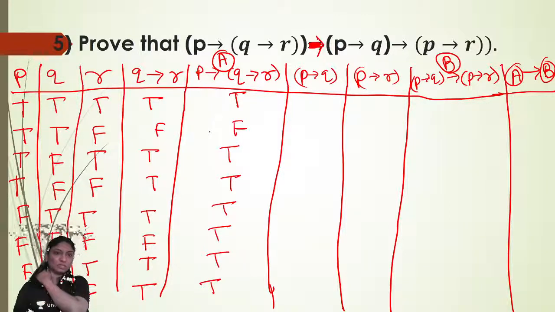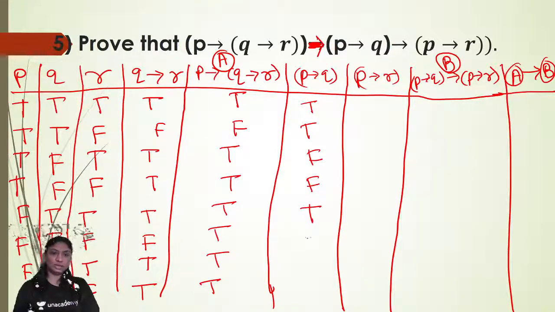P implies Q: T T T, T T T, T F F, T F F, F T T, F T T, F F T, F F T, right?